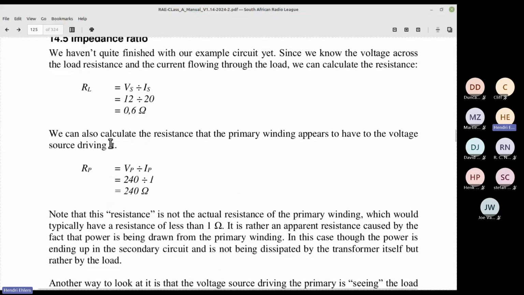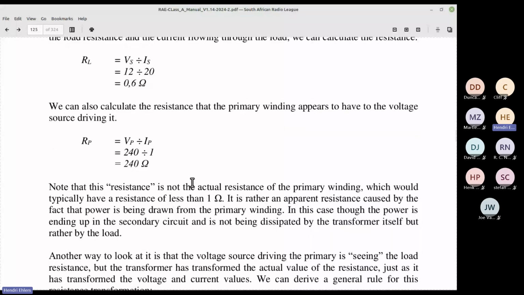And we can also calculate the resistance that the primary winding appears to have. It's apparent resistance because it changes the more current you draw on the secondary side. So they call it apparent resistance. And we've got 240 volt divided by 1, and that will give us 240 ohms on the primary side.